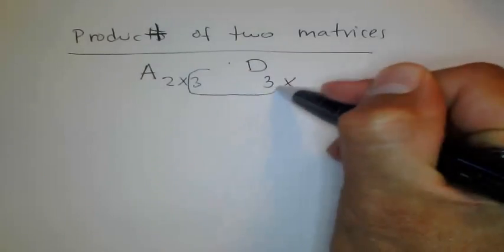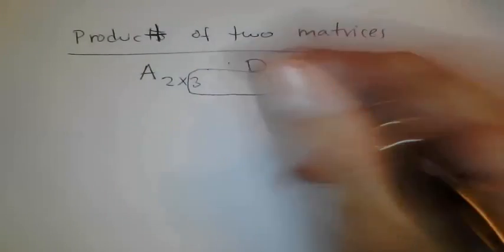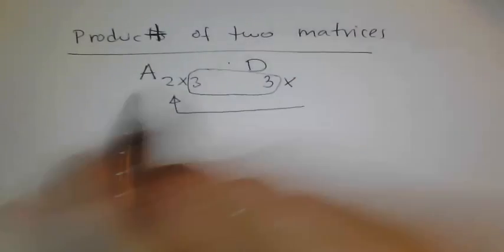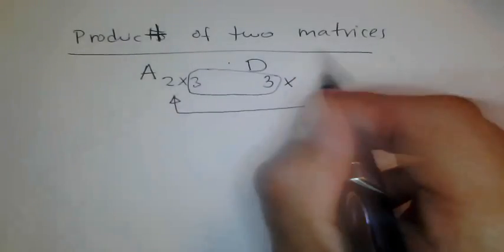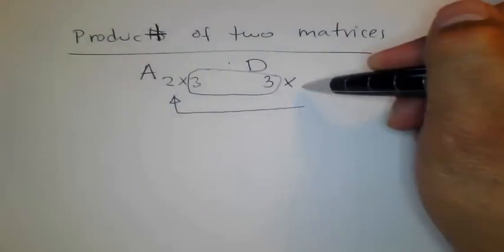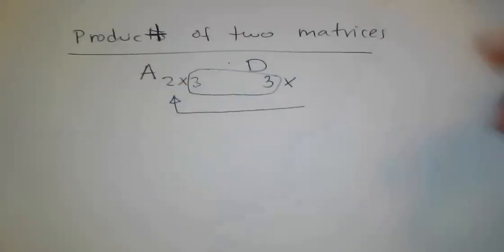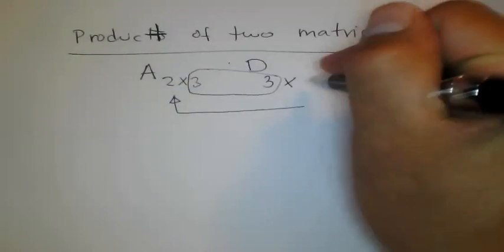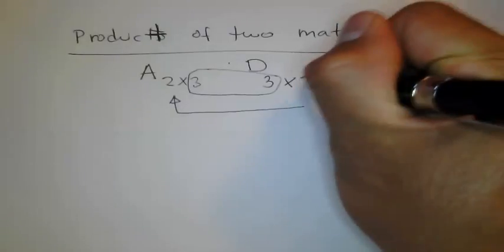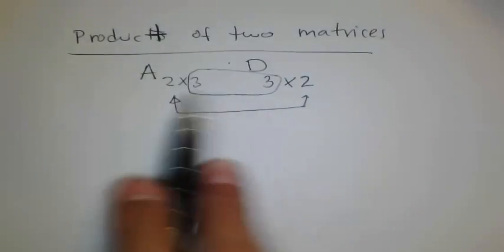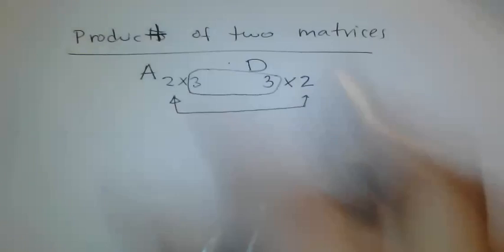The number of columns in the first one needs to match the number of rows in the second one, and the resulting matrix will have the number of rows of the first and the number of columns of the second. So if you have a 1 here, the resulting matrix will be size 2 by 1. Let's say for the time being this is size 2, so the resulting matrix will have size 2 by 2. So let's have a quick example.